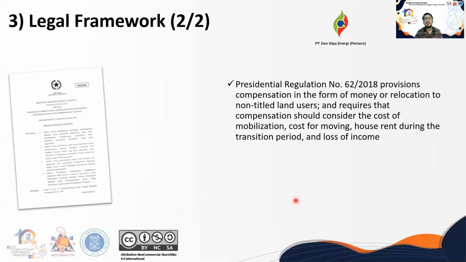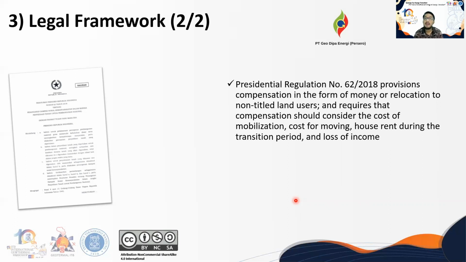The Presidential Regulation gives provisions about compensation, which could come in 2 scenarios: in the form of money, or relocation to other non-titled land users.